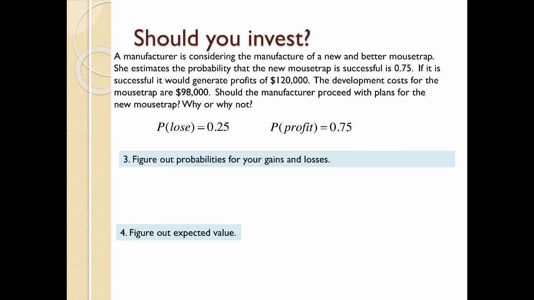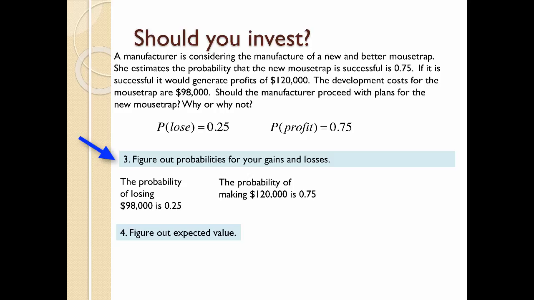Now let's take into account our actual money involved. So the probability of losing $98,000 is 25%, or 0.25. The probability of making $120,000 is 0.75.